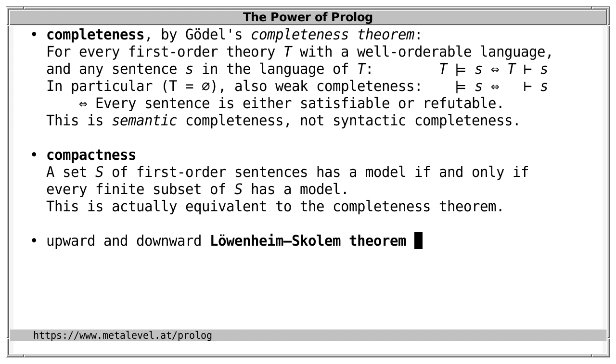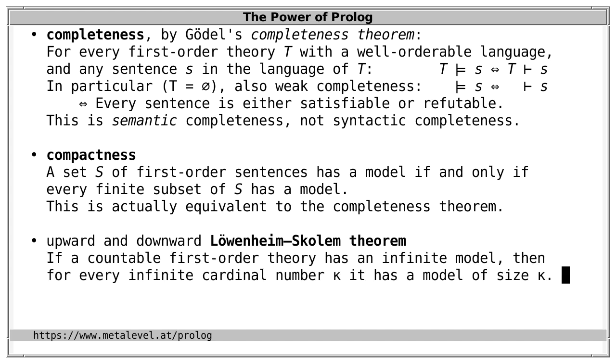And then we have the upward and downward Löwenheim-Skolem theorem. This states that when a countable theory has an infinite model, then it has models of all infinite cardinalities. So the downward direction is, if a countable theory has a model, then it has a countable model.